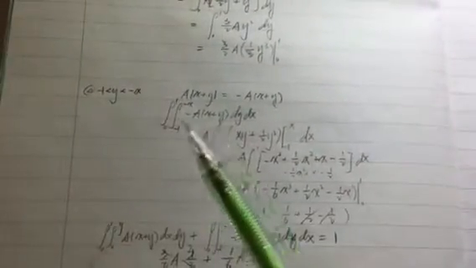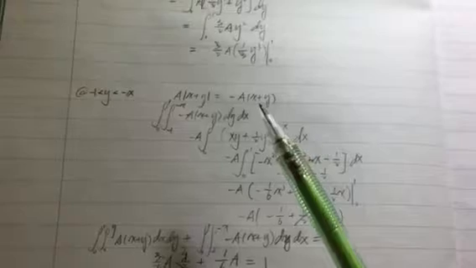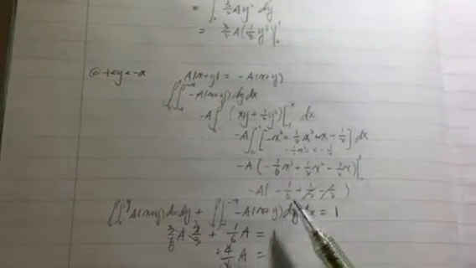And we do the double integral for negative a times x plus y. We have 1/6 times a. So in order to make this f(x,y) a valid joint density function, we have to combine these two parts.